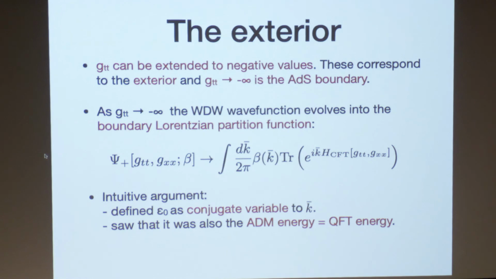I have a proper argument in the paper, but roughly it goes like, remember epsilon 0 was defined as the conjugate variable to k bar, and we saw that epsilon 0 was the ADM energy, and so, maybe it's reasonable, not too surprising, it's the e to the i k bar. This is basically epsilon 0. It's like the energy. So this is a weighted partition function, okay? Which is clear. Now, for example, to make this very clear, let's put in the Gaussian beta.